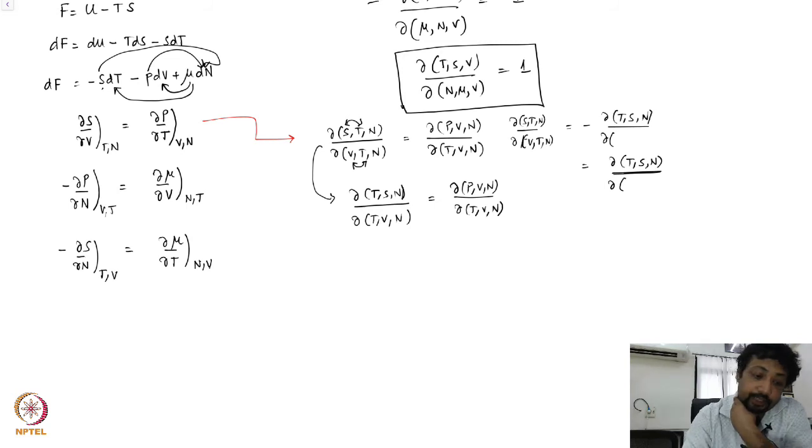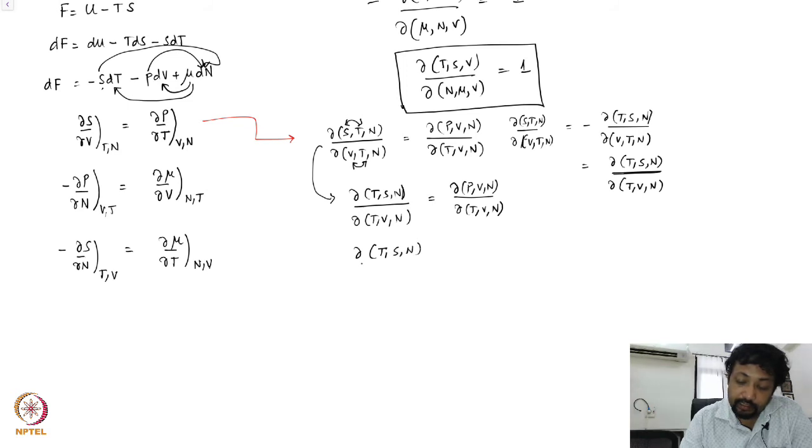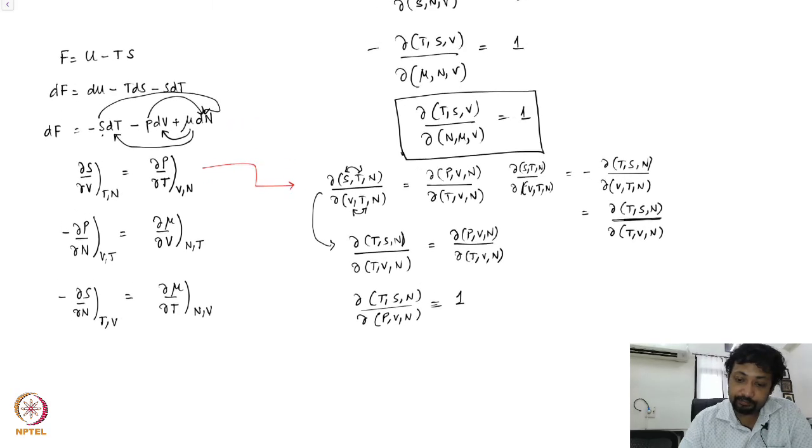This itself was VTN, so I will write V, T and N, and I will write this as T, V and N. The minus sign is now absorbed in the denominator, in redefining the denominator. So therefore I have del of T, S and N and del of P, V and N is equal to 1.